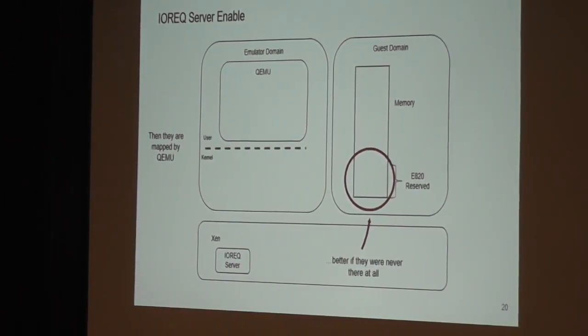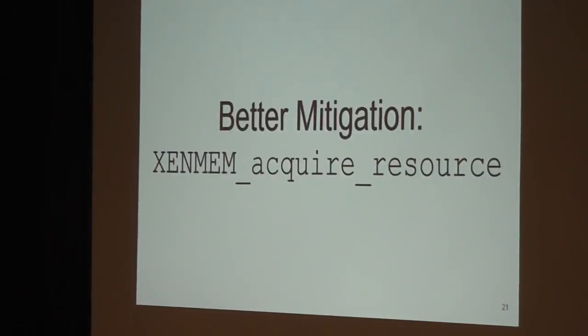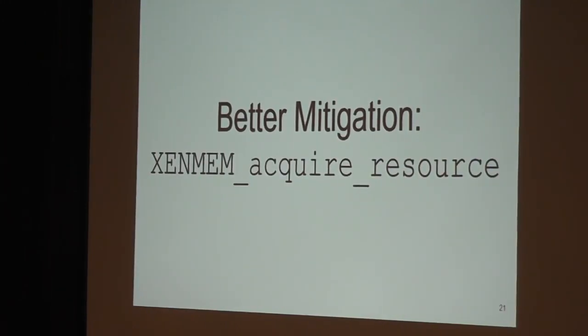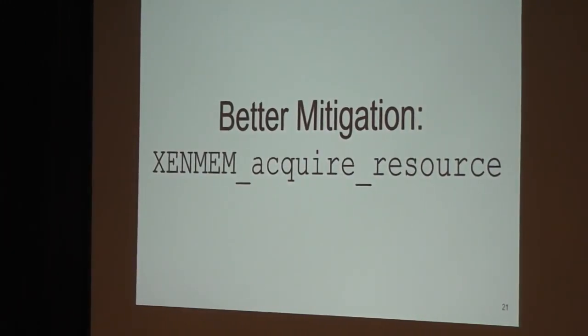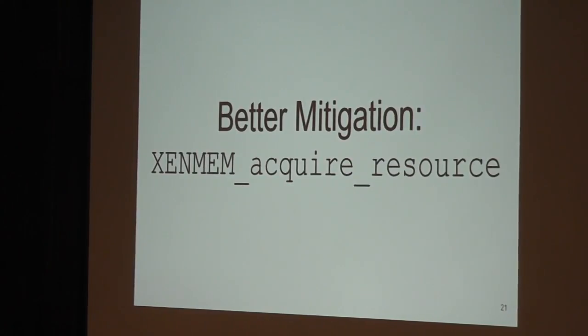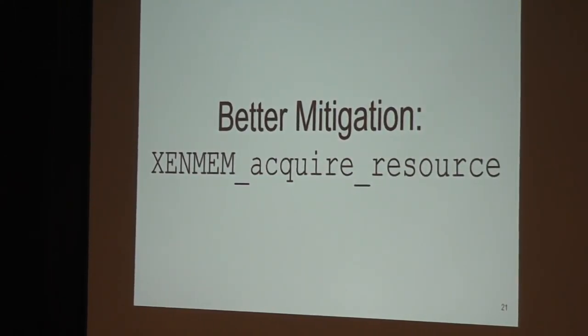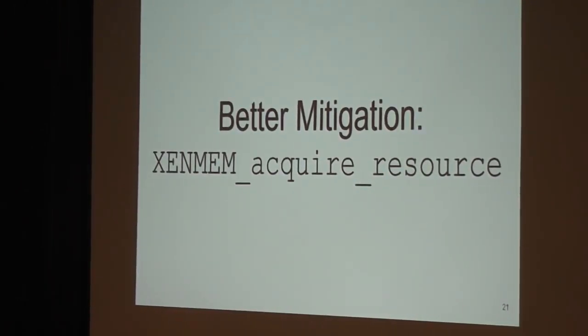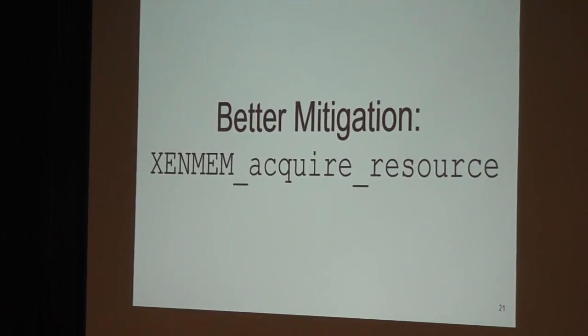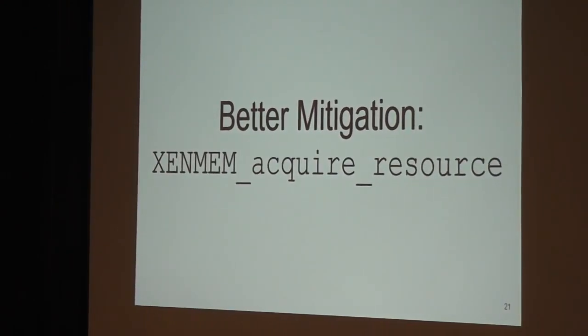So it would be much better if those pages never existed in guest space at all. That's the next part, which is a hypercall I added to Xen recently. This is in 4.11. It's called Xen acquire resource, and it provides a way of mapping memory-based resources that are assigned to a guest, essentially to do with guest operation, but mapping them directly from Xen without them ever having to be in guest memory space.